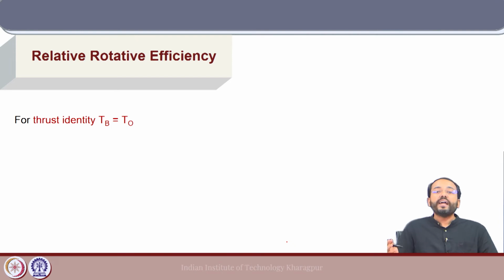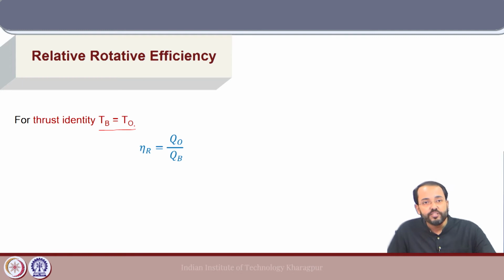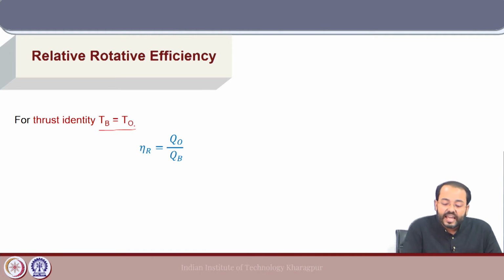Now if we go back to our discussions on thrust identity and torque identity, we get two different conditions. For thrust identity, it was assumed that from the self propulsion test and in the open water condition, the thrust was same. So, Tb is equal to To. If we assume thrust identity, then from the eta r equation we will get that it can be expressed as the ratio of torques.